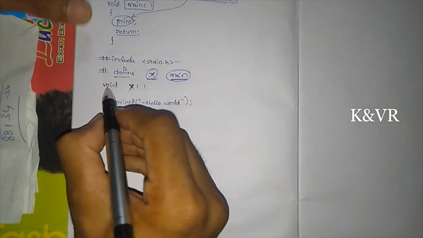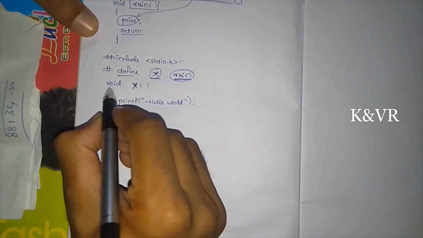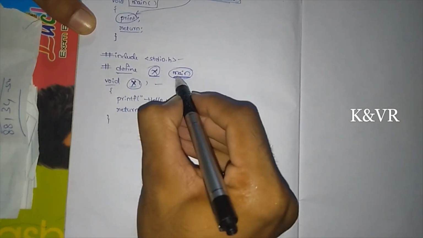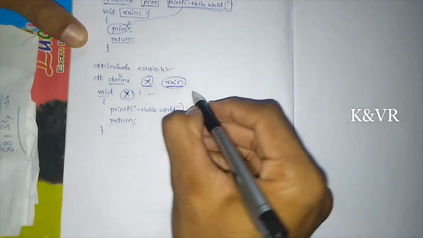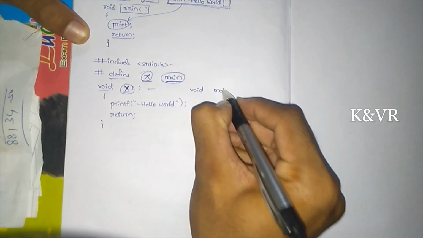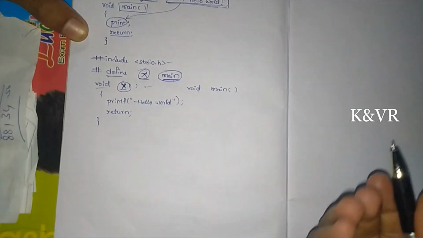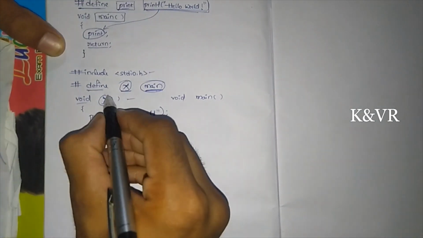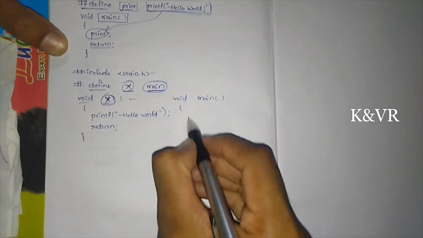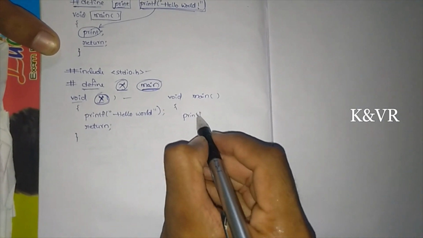So while our execution comes to here, void x means nothing but main. When our compiler compiles the program, x is changed to main, and the program executes as it is.